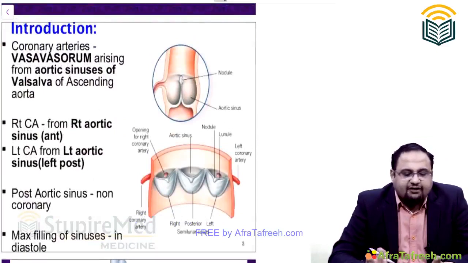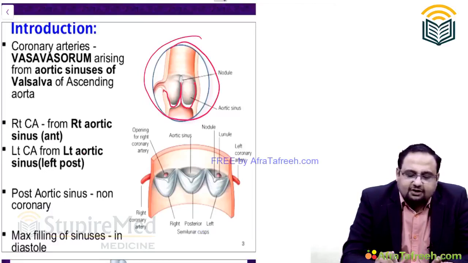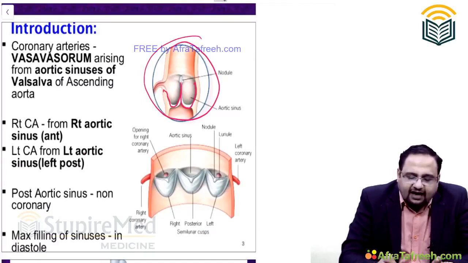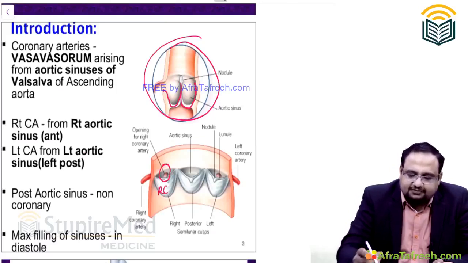Friends, if you see the cross section, this is the aorta with the aortic valve. Two cusps are shown here, and if you open it up further, the three cusps are seen. The aortic cusp towards the right, which gives the opening to the right coronary artery, is known as the right coronary cusp.